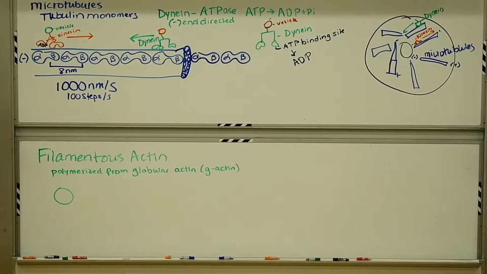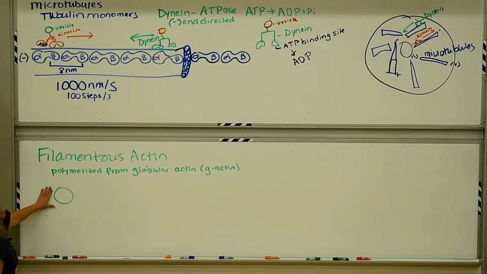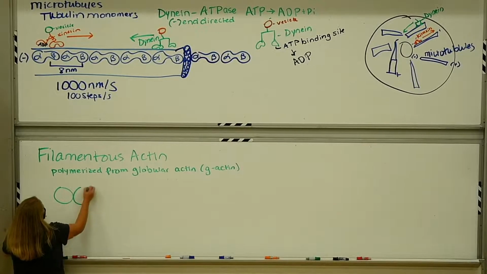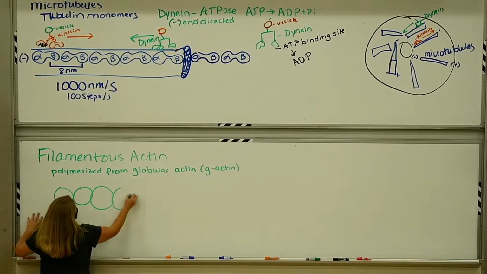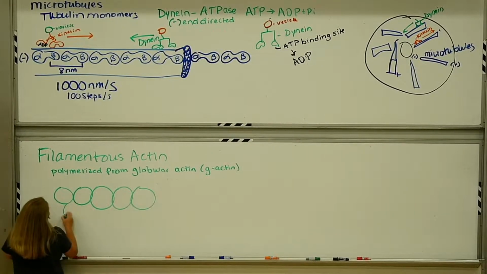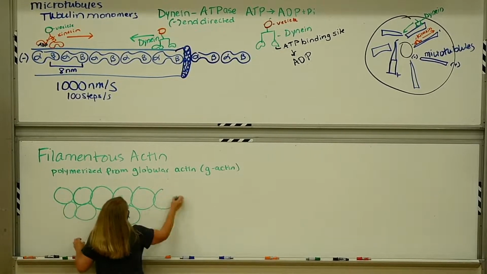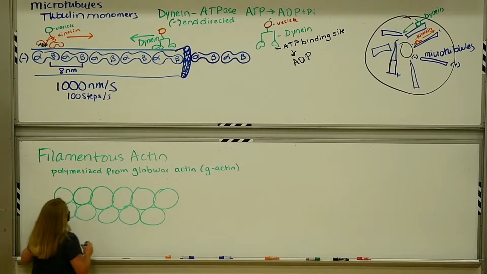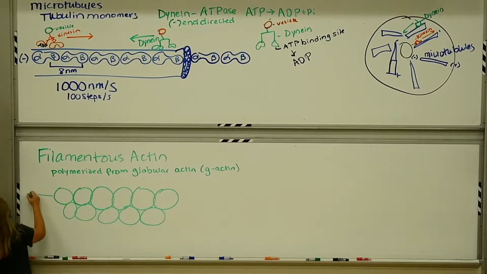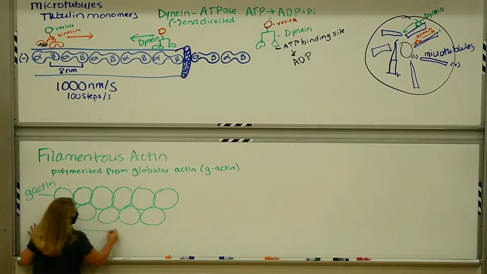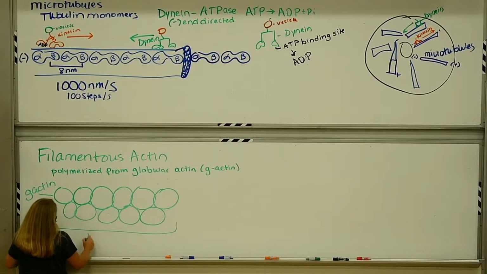Probably the easiest thing you have to learn in this lecture. Hey, G-actin. Just like our tubulin with microtubules, these can self-assemble. So you'll just tack a bunch of these together. So that is your G-actin. This is your polymer, F-actin.